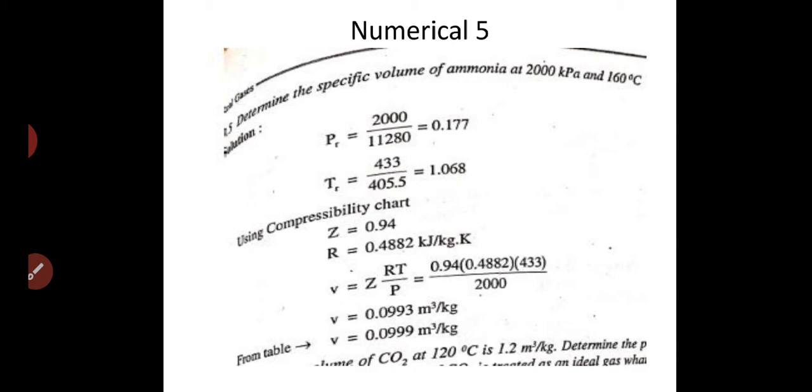Substituting TC and PC from the table available for critical properties in the data book, we found PR and TR. After that, we took the compressibility chart. First we took the PR line on the x-axis, then we saw where it intersects the TR line with TR equal to 1. That is 0.94 on the y-axis, that is Z.